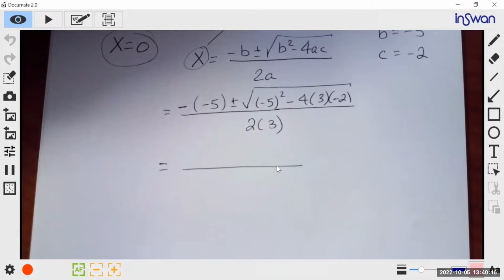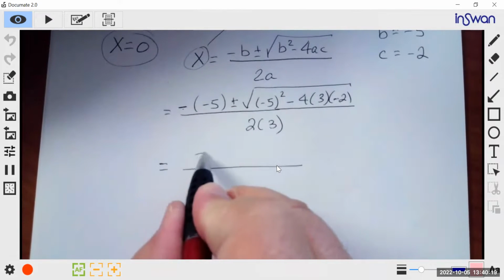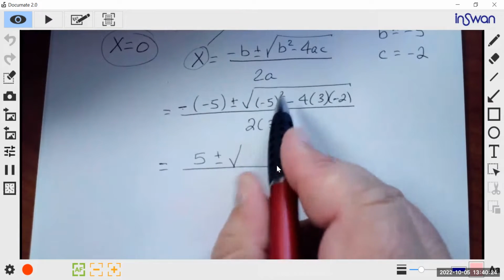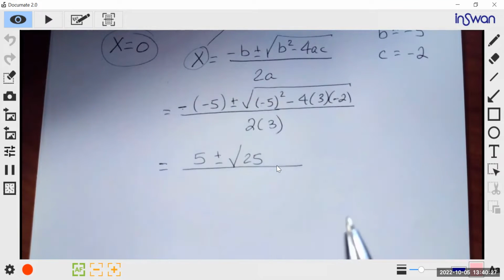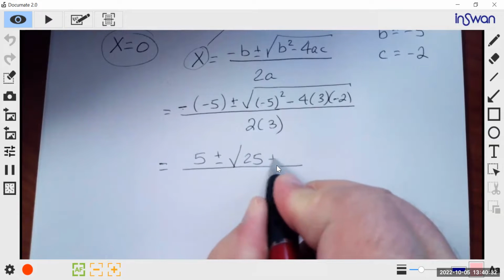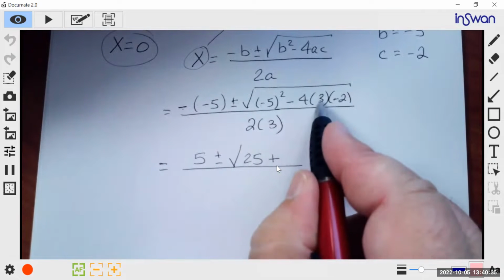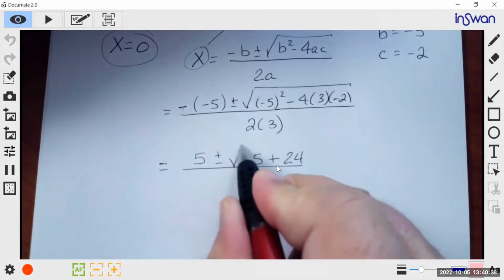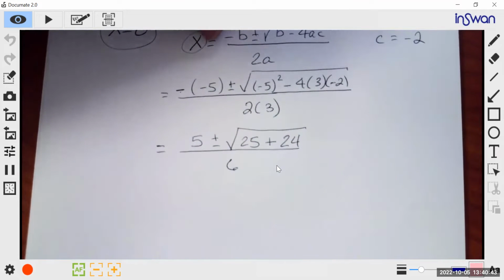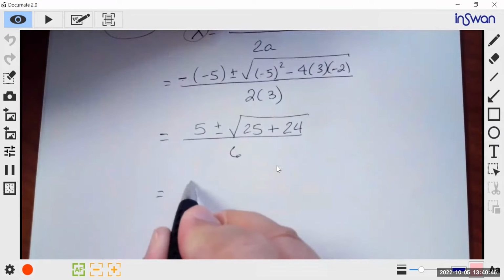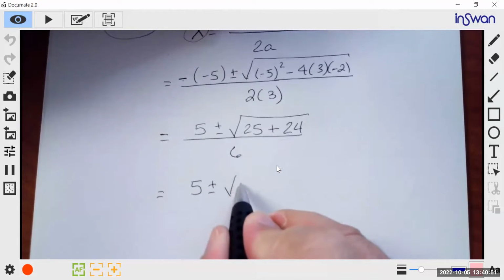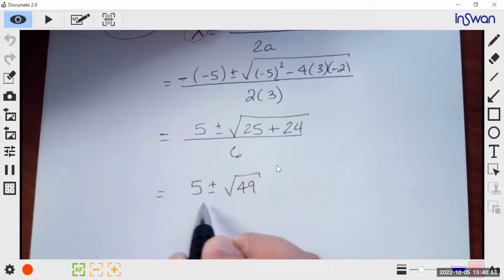So let's work it out. Negative, negative makes it a positive. Negative 5 squared is 25. Negative times positive is negative, times negative is positive. 4 times 3 is 12, 24. 24 plus 25 is 49.